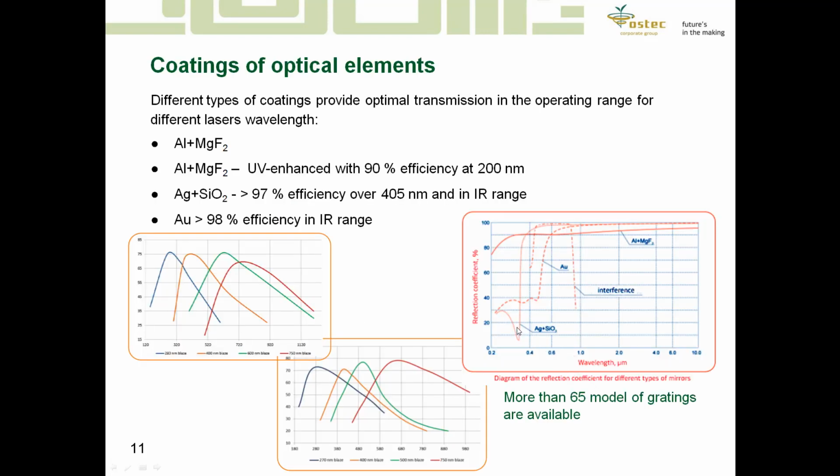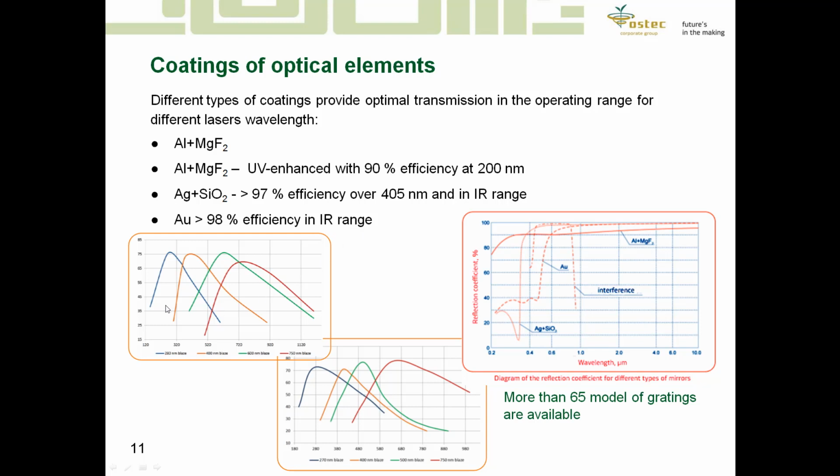And for high quality optics, depending on the needs, we can use metal coatings, for example, aluminium with protective magnesium fluoride coatings for visible range, and for near infrared range silver mirrors or silver coated gratings can be used, and also for infrared region gold coated gratings and mirrors are recommended.